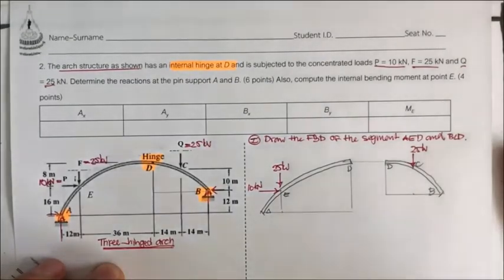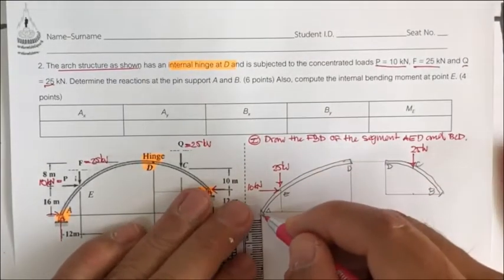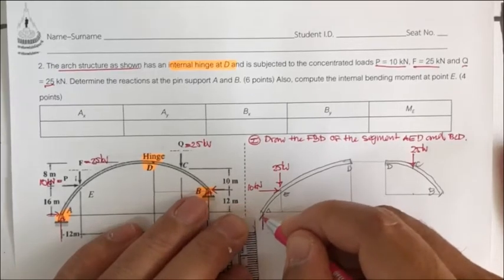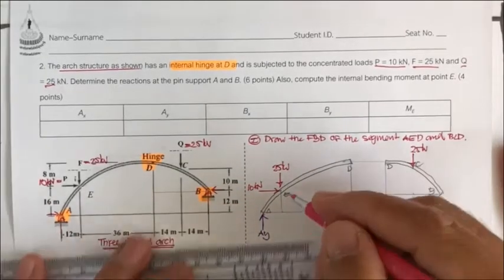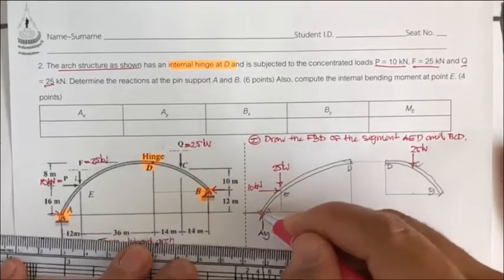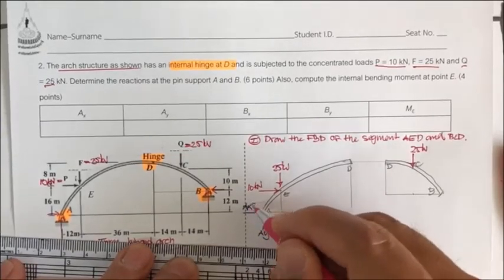And you also have the reactions. This is going to be the A sub y, and this is going to be the A sub x.